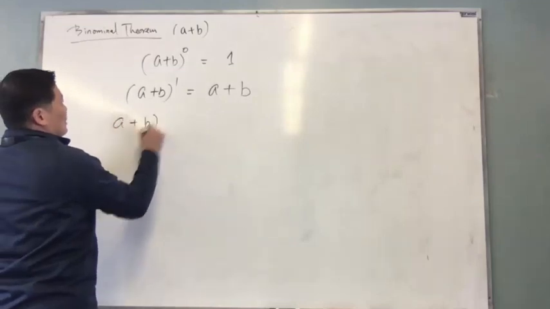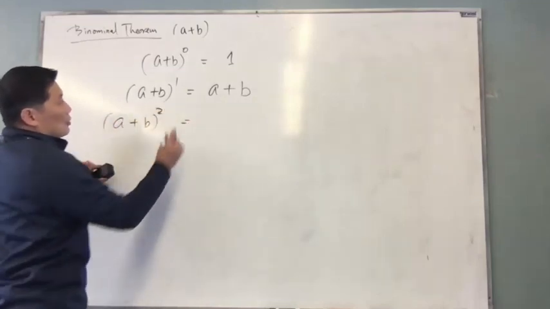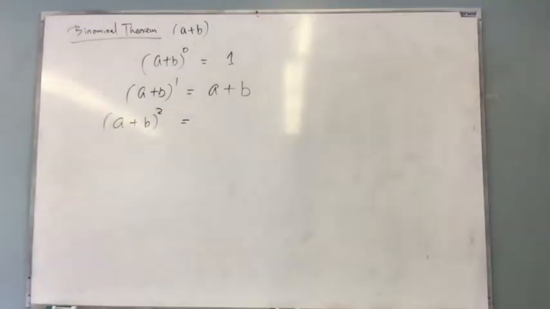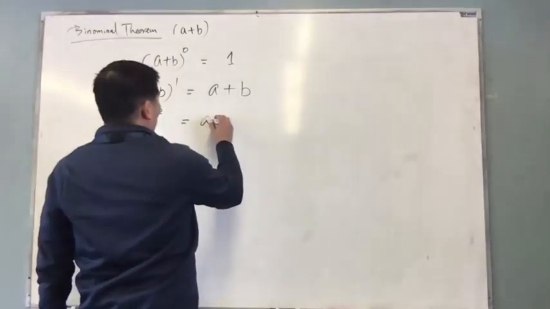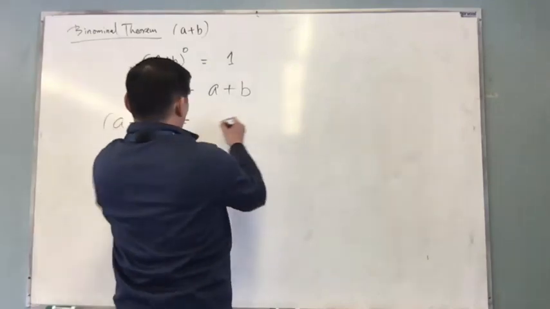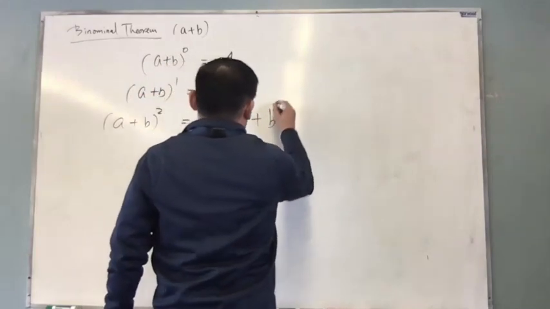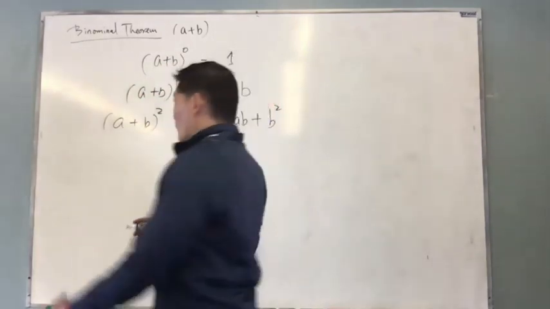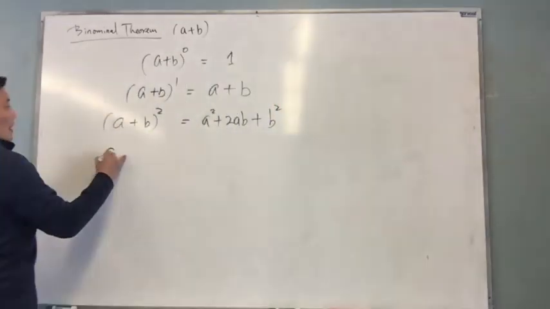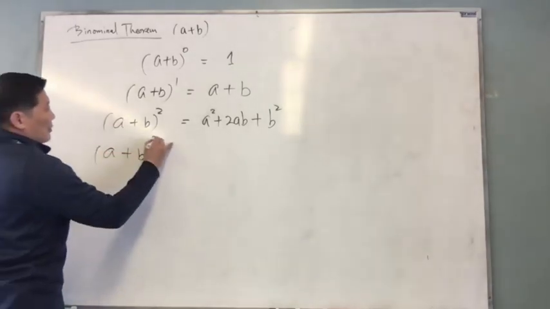A plus b squared is equal to a squared plus 2ab plus b squared. Now, a plus b to the third power.